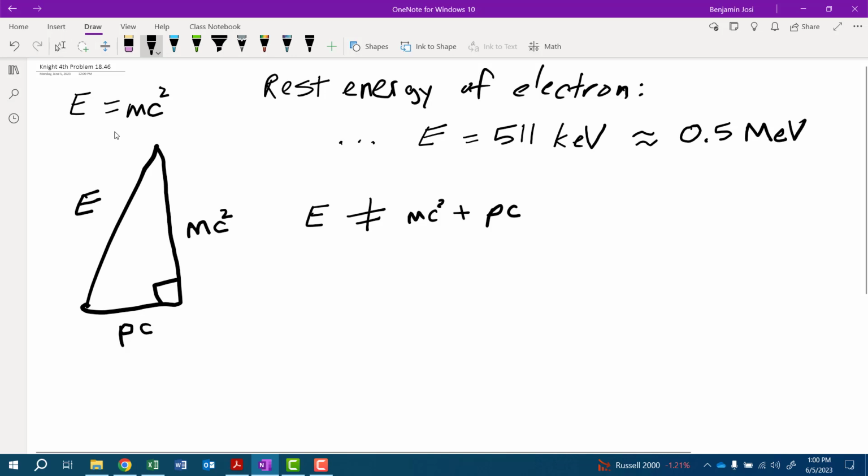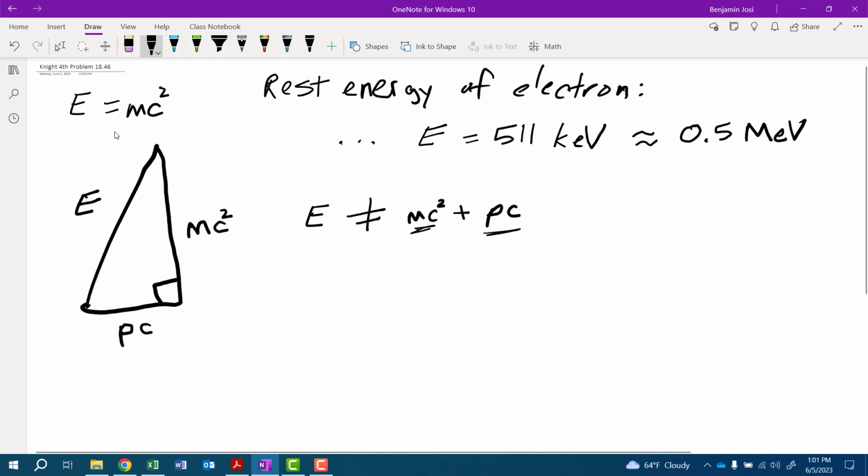All right. This does not work because this is a right triangle, right? The triangle is just a mnemonic device for memorizing the actual relation. E is really the square root of this squared plus this squared. If this were true, if this was an equality, not this equal sign with a line drawn through it, then you could conclude that the total energy is rest energy plus what must be kinetic energy.